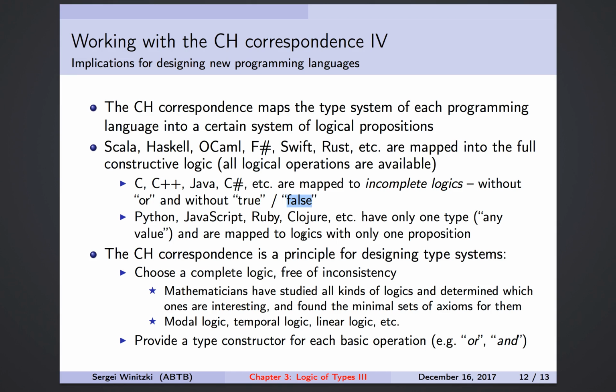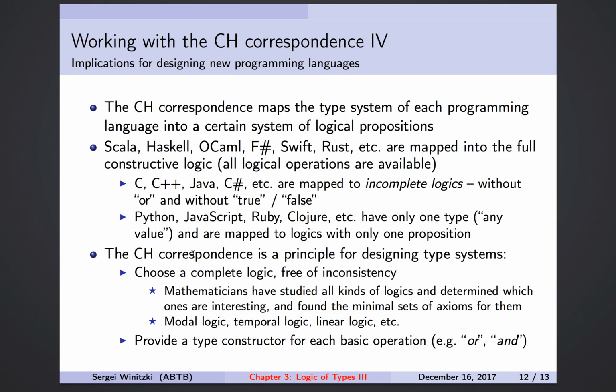And this is mapped to a logic with only one proposition, which is we can compute something of some value, and that's it. These logics are very limited. There are not a lot of theorems in them, and of course more in these than in these, but the type system makes a difference. It prevents errors.